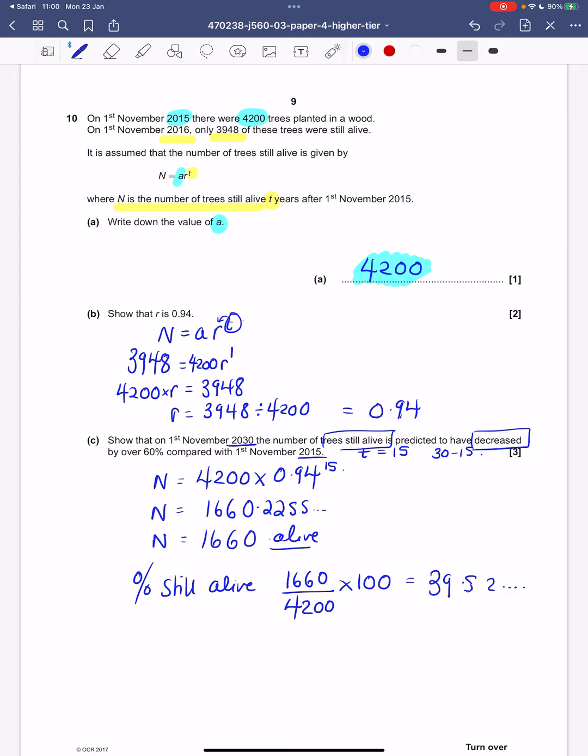So the number of trees still alive has decreased by over 60%. 100 take away 39.52, etc., is equal to 60.476, which is greater than 60%.